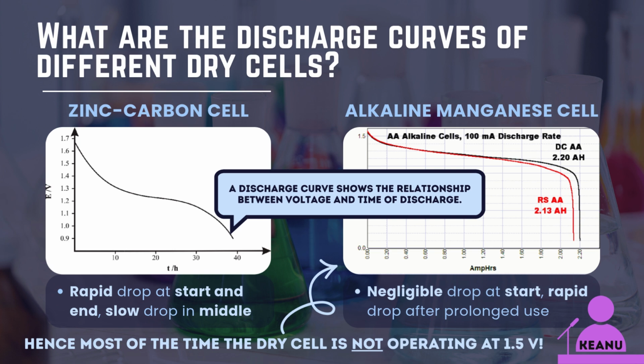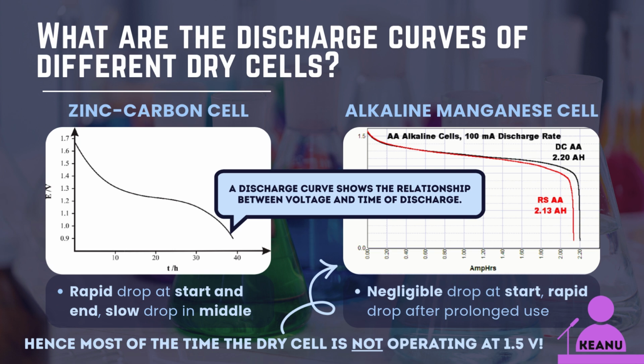As shown here, the former typically shows a rapid voltage drop at both the beginning and the end of the discharge cycle. In contrast, the latter shows a small or negligible voltage drop at the beginning and is comparably more stable. However, once it reaches a critical point, the voltage drops rapidly until it is fully discharged.